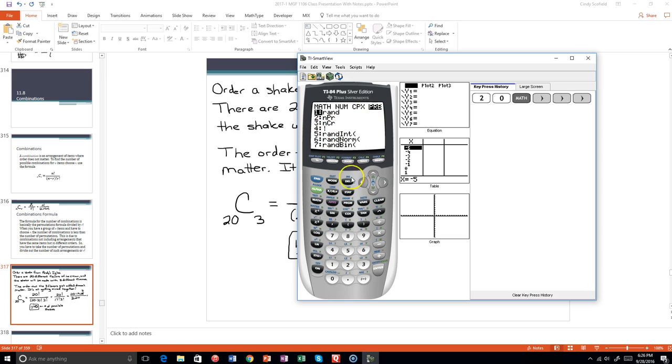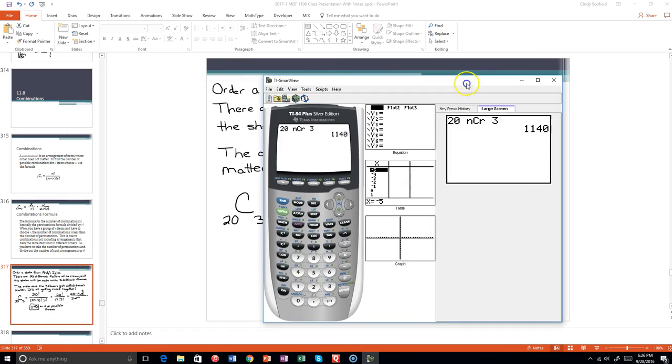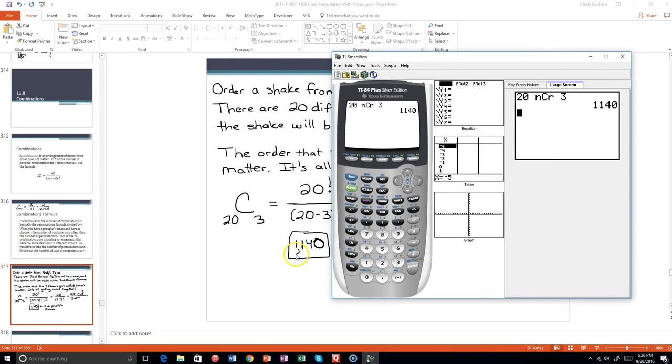So if I go to the probability menu again, if I go to math, PRB, number 3 is nCr. Choose 3. You hit enter, and voila, there you are. You get the same number. We figured it out by hand on the slide, 1,140, and then on the calculator, just use that combinations function, and it figured it out for us.